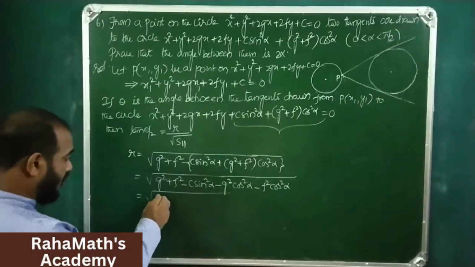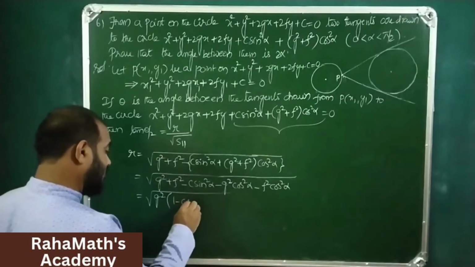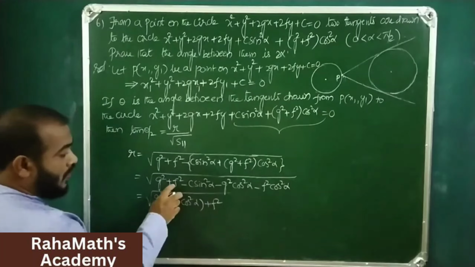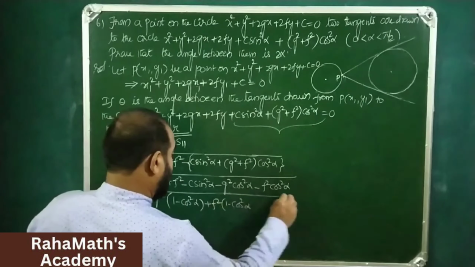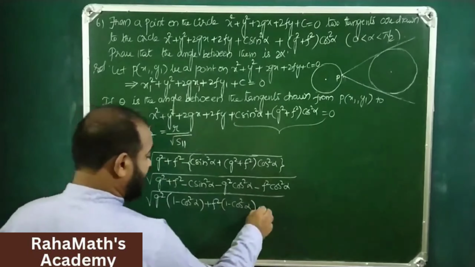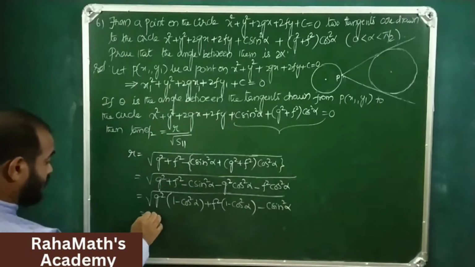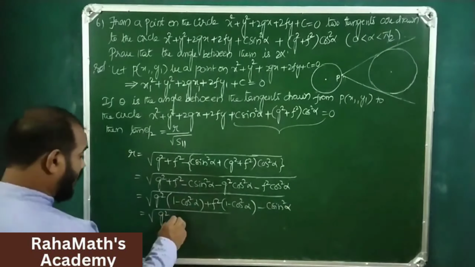So this is equal to the square root of g square, if I take common, 1 minus cos square alpha. Likewise, f square, if you take common, 1 minus cos square alpha, minus c sine square alpha. 1 minus cos square alpha is sine square alpha.